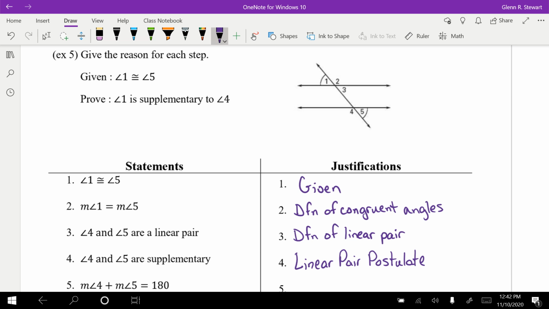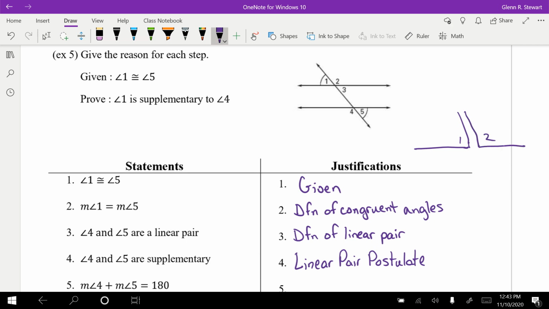So there's two types of supplementary angles. There's supplementary angles that aren't beside each other. Those are literally just called supplementary angles. Let me draw them a little bit better. Okay, there's one angle, then another.